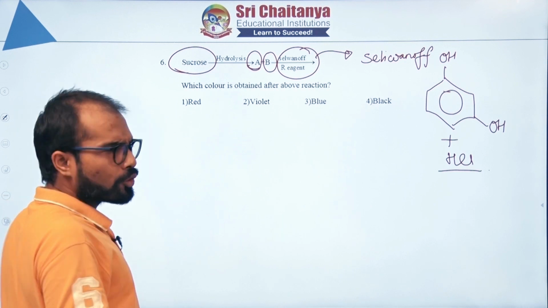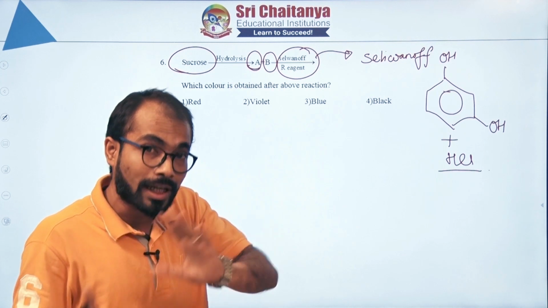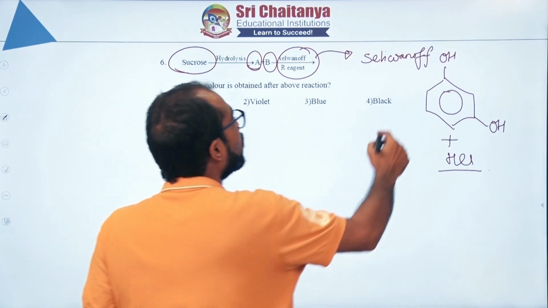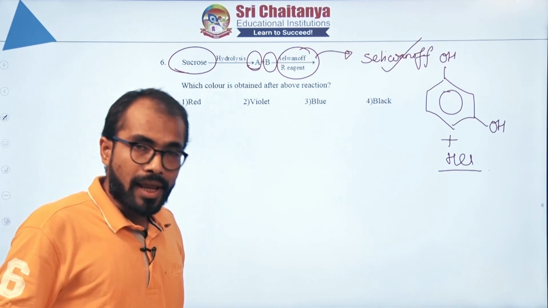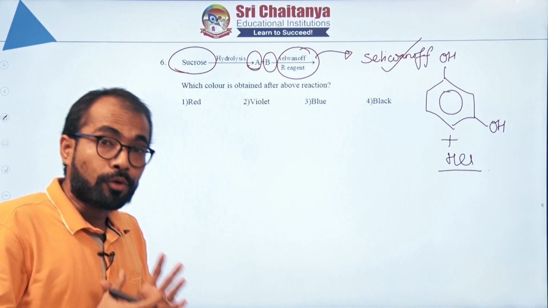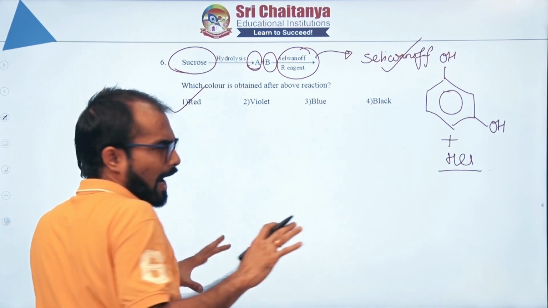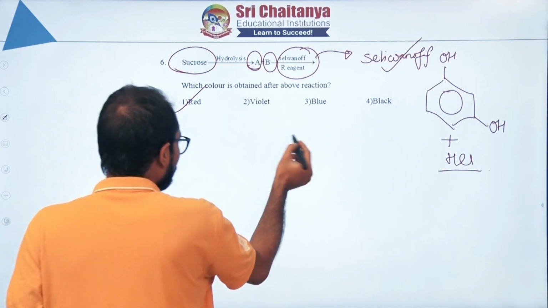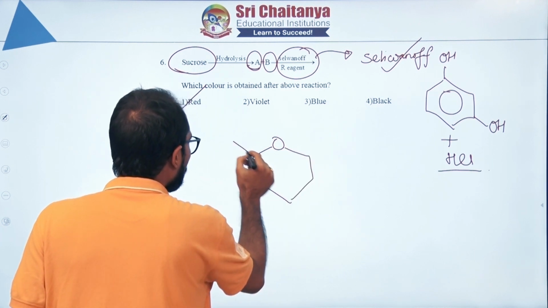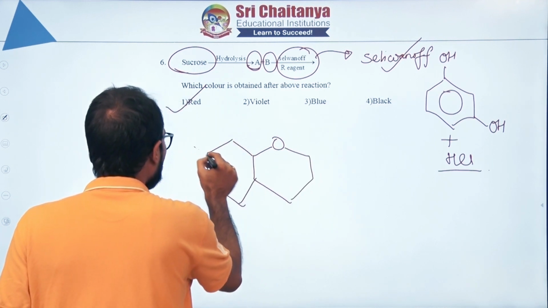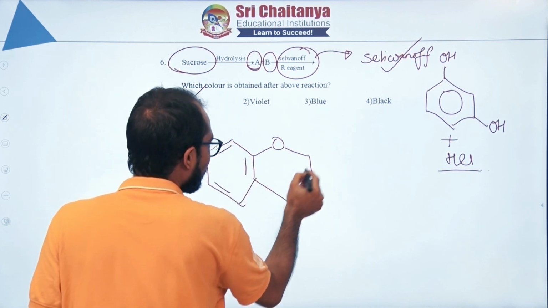Now, when sucrose is hydrolyzed, you are going to get glucose and fructose. Among glucose and fructose, fructose is going to react with this particular reagent. And when the reaction is done, you are going to get a red color. So the answer is this. I am giving you the structure of the red colored compound, and I am drawing it in red also.